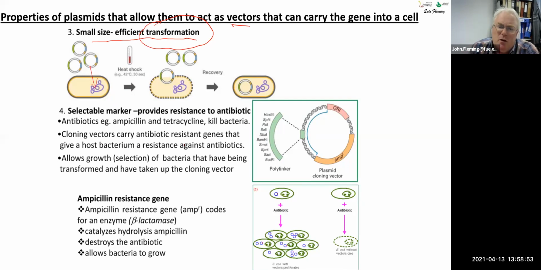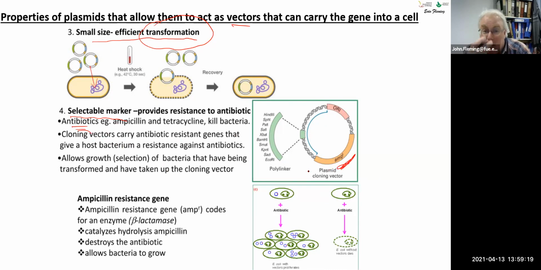We can also insert into the plasmid the nucleotide sequence that encodes proteins that confer selectable markers onto bacteria that have the plasmid. The key example here is that we can include the nucleic acid sequence for proteins that confer resistance to antibiotics.